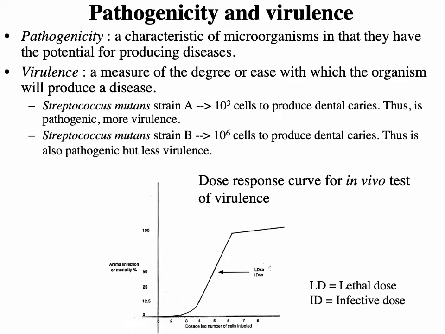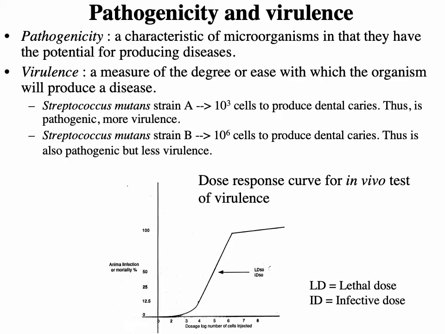On the y-axis, you have the score of the disease. So maybe 100% of the animals develop dental caries, or 50%, depending on how many bacteria you give the animal. You plot out the data and you should see a sigmoidal curve. What you're looking for is the 50% point.